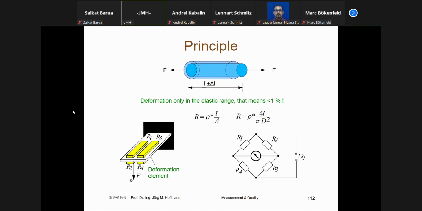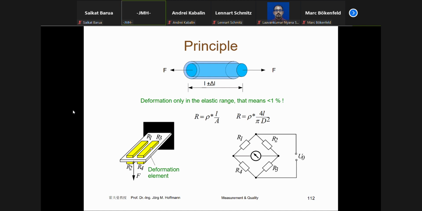When you set the force in, you have an elongation for R3, and you have a compression for R4. So this voltage is going up, and you have then the diagonal voltage. And the diagonal voltage depends only on the so-called form factor.